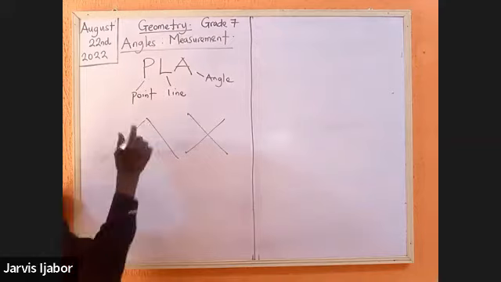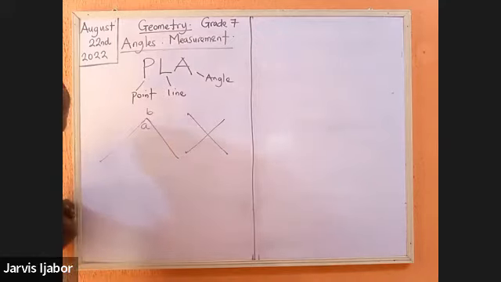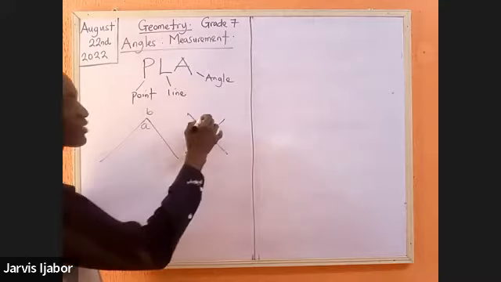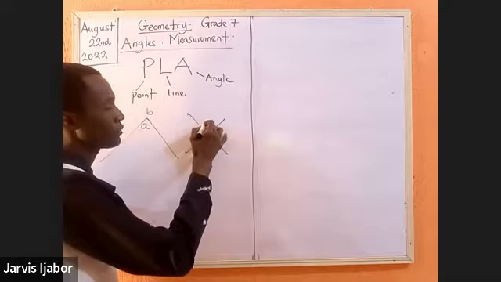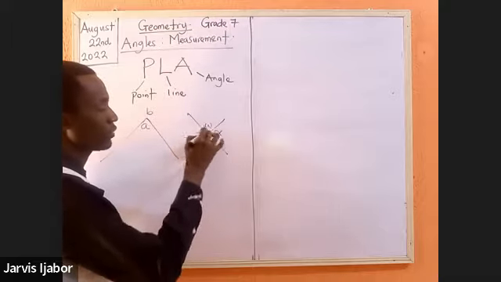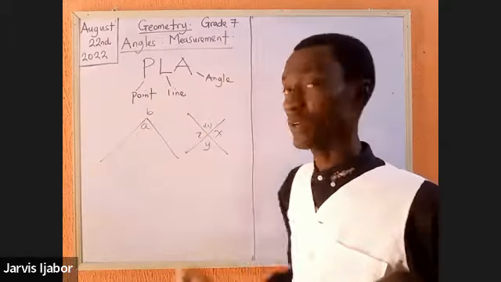So if they meet, we're going to have at least two angles. And if they intersect, we'll be having in the neighborhood of what? W, X, Y, Z. We have a neighborhood of about 4 angles. So each of these letters indicated in the space are called what?